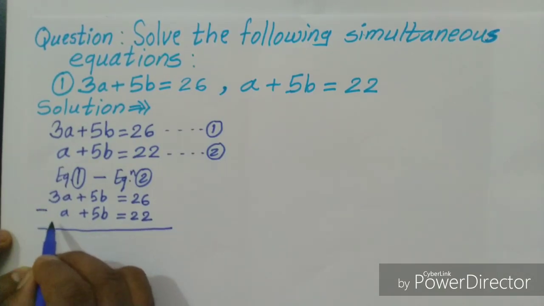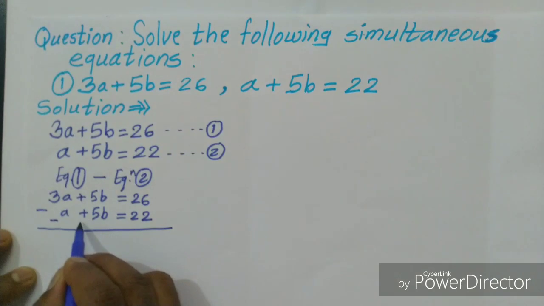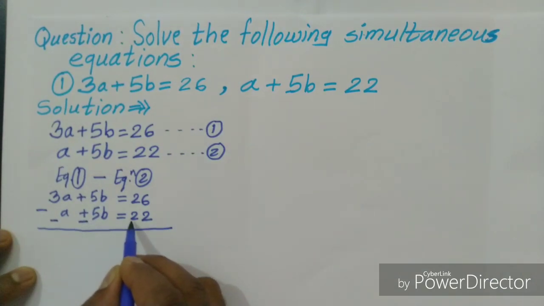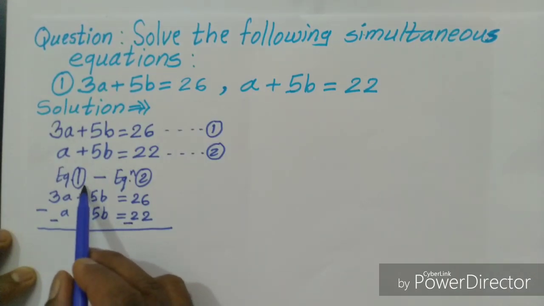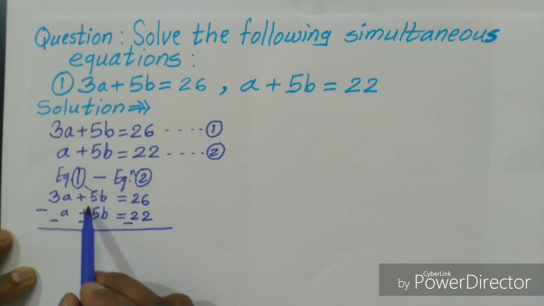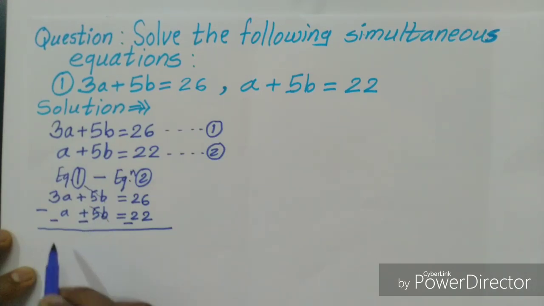In subtraction, signs change. Plus a becomes minus a, plus 5b becomes minus 5b, and plus 22 becomes minus 22. Plus 5b minus 5b gets cancelled.